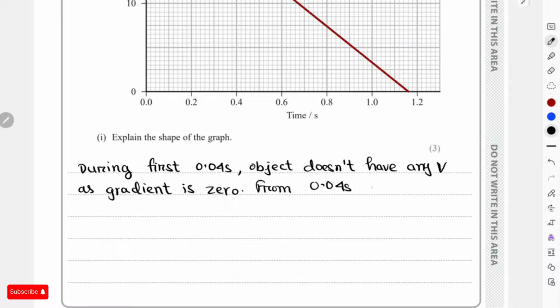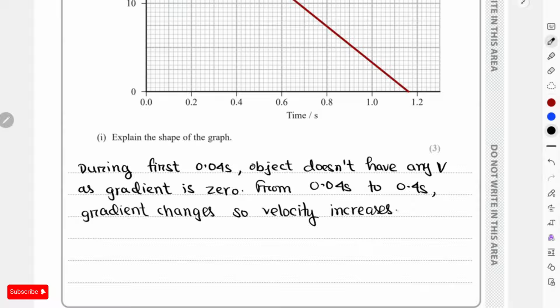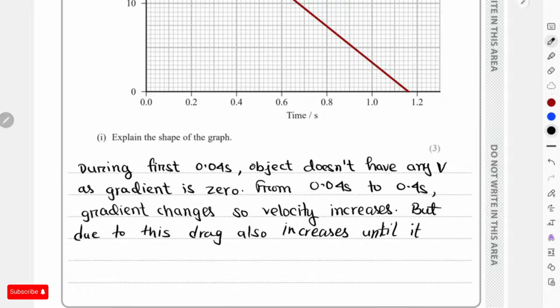From 0.04 seconds to 0.4 seconds, we can say that the gradient changes, so velocity increases, the object might be accelerating, but drag also increases until it becomes equal to the weight.